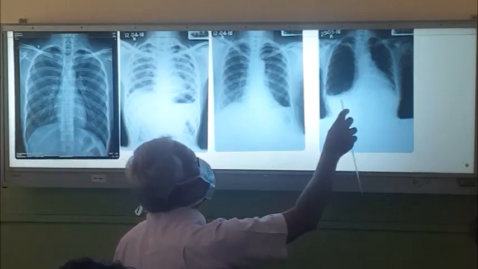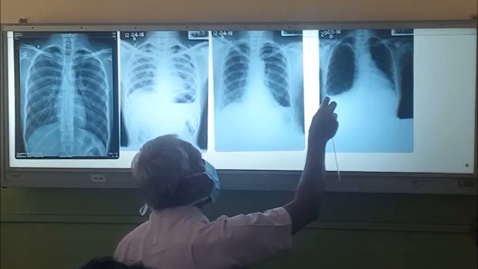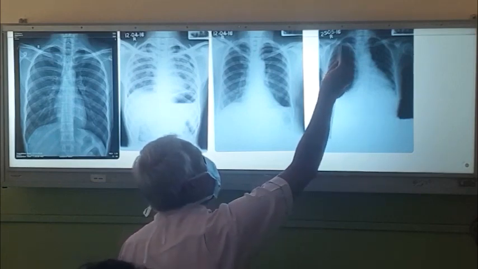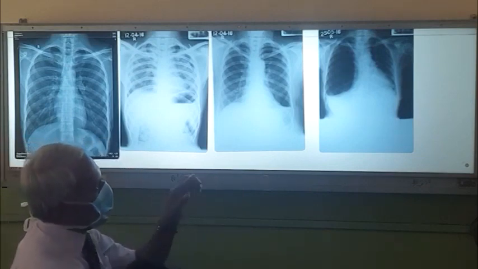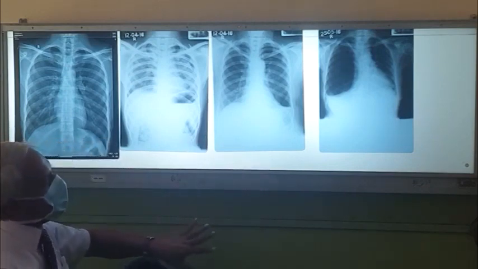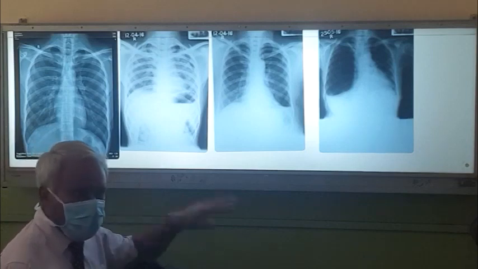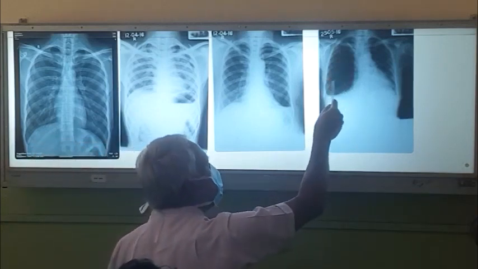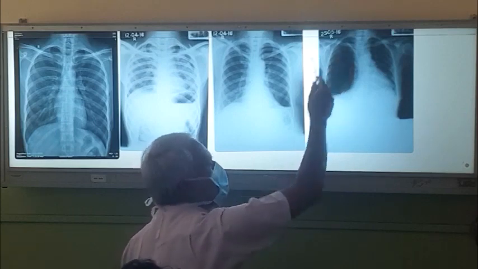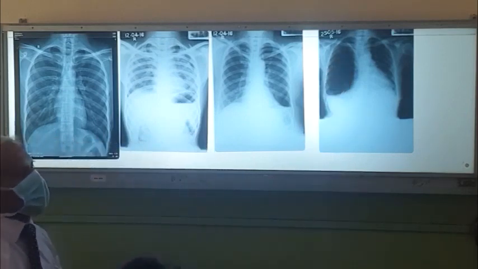Why I call bullous is this is going round like this, and this is coming like this. Sometimes you find it difficult to differentiate emphysematous bullous lesion from encysted pneumothorax. But in pneumothorax, you will see something like this, going like this, right? Encysted pneumothorax, but it is difficult sometimes.